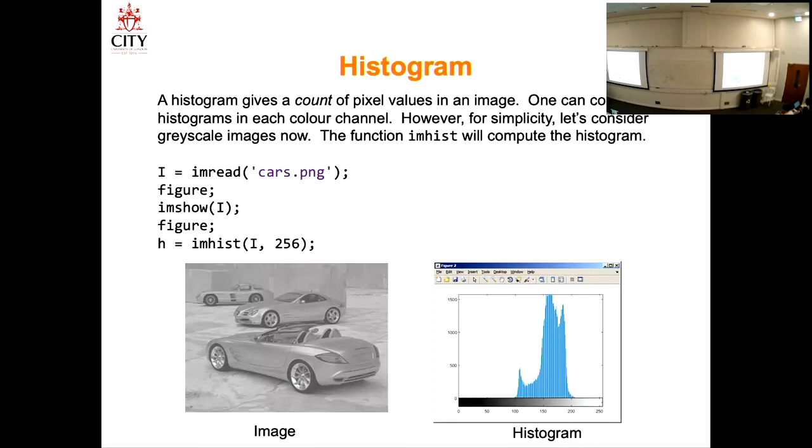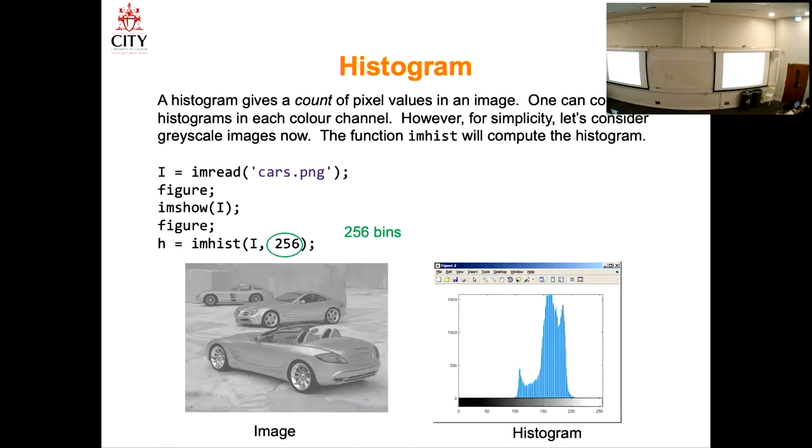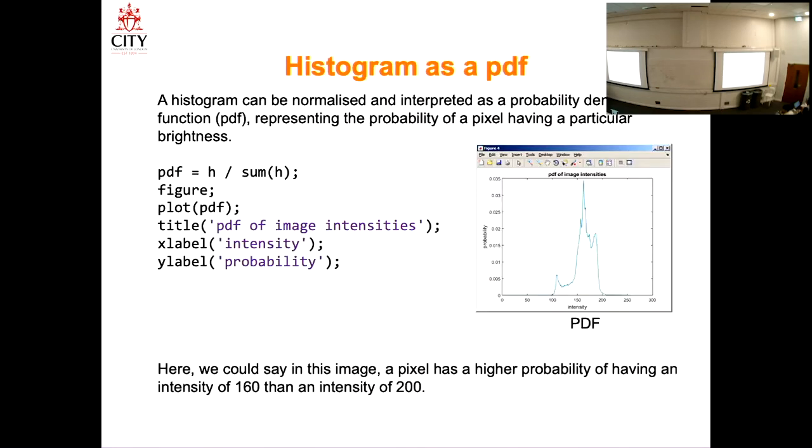So by drawing the histogram, or in MATLAB imhist, it automatically shows you the 256 bins that you have decided to have for this grayscale image. How can I use that? There is another way to look at it. Let's look at it as a probability distribution function. You can think of this histogram as how likely it is to have a pixel with an intensity of 150, and it gives you a number between 0 and 1.